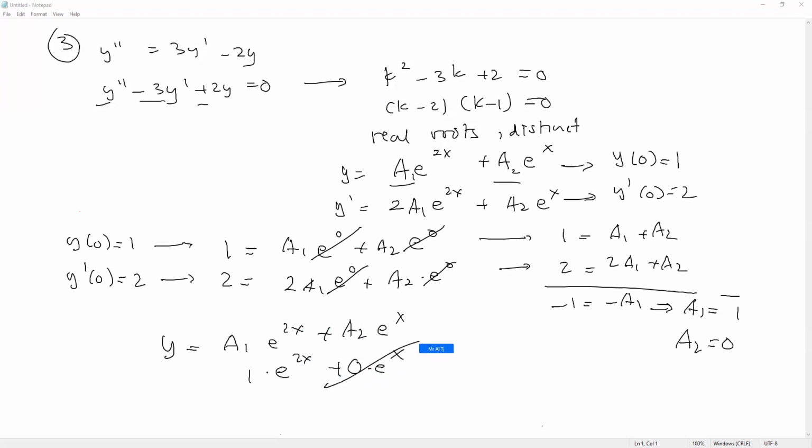This is nothing. So the final answer is just e to the power of 2x. That's the final answer. So y is e to the power of 2x.